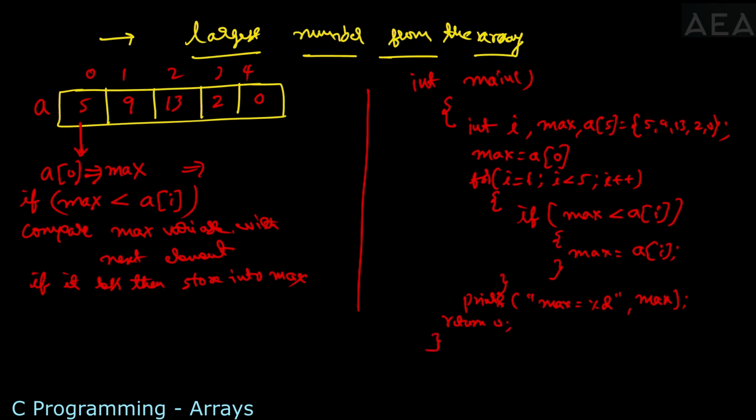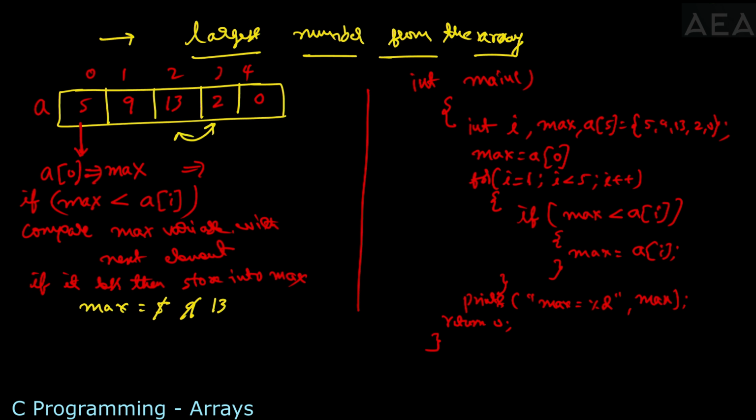Now let us find out. First of all, the max variable has which number? 5. Now it compares 5 and 9. 5 is less than 9, then this 5 is replaced by 9. Next I increments, I value becomes 2, then the max value is 9 now. So 9 is compared with the next element, how much here? 13. That is also less, so 9 is replaced by 13. Again I increments, now 13 compares with 2.